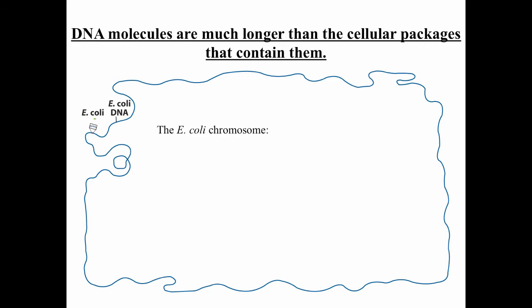So let's consider E. coli, which is our model organism for a unicellular prokaryotic organism. E. coli is well studied, and we have sequenced the genome. The E. coli chromosome is just one single double-stranded circular DNA molecule, which is located in the nucleoid region of E. coli.